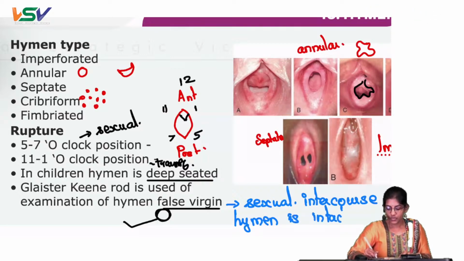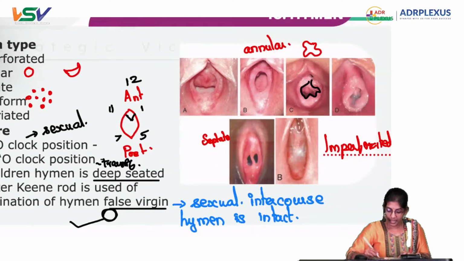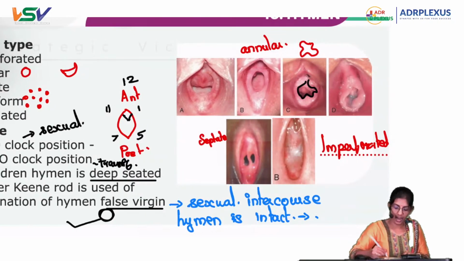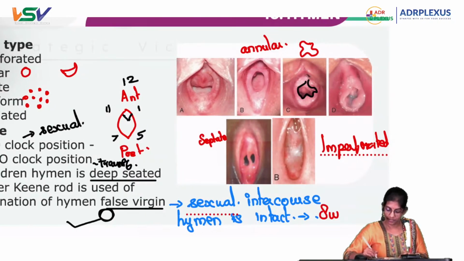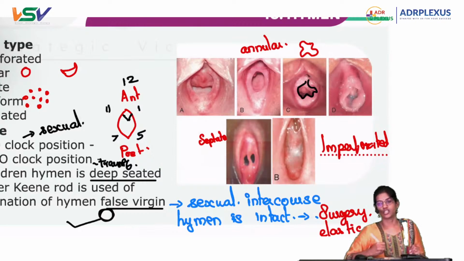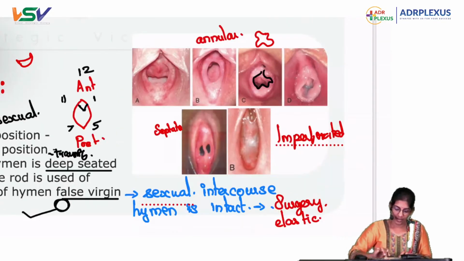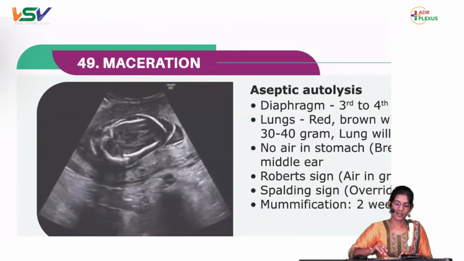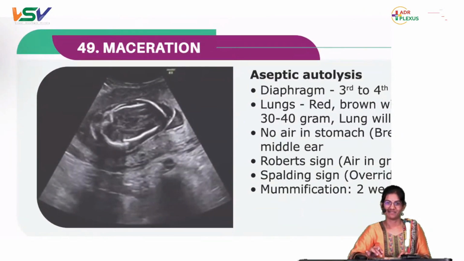What are the reasons for it? The reasons for it are, one, they could have had a surgery. The other, the hymen was very elastic. Or in case of children, it was very deep seated. Okay. All right.